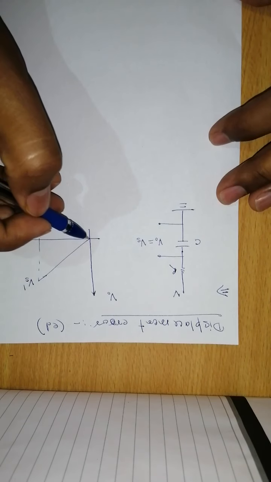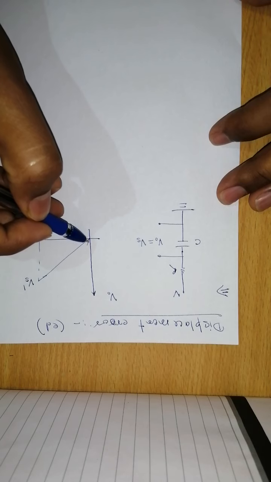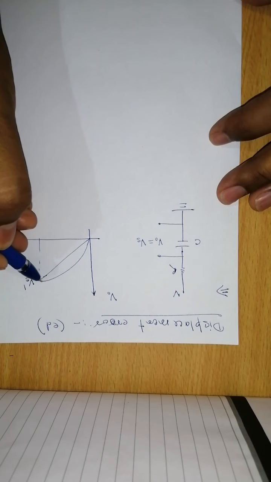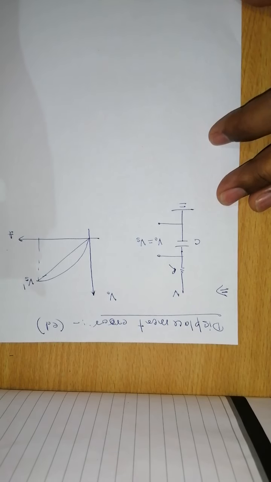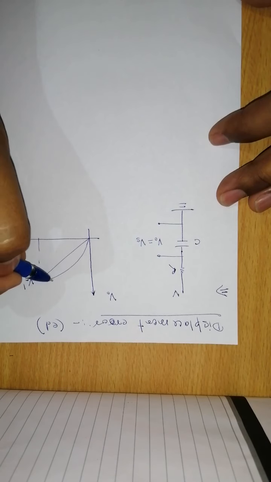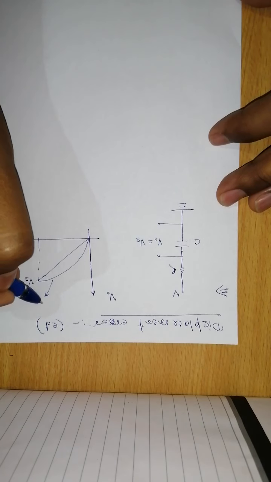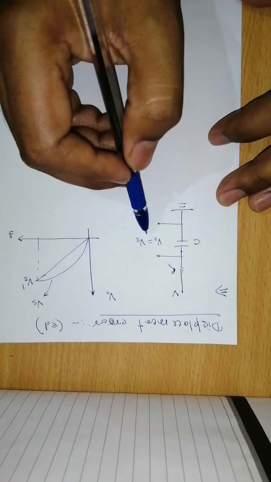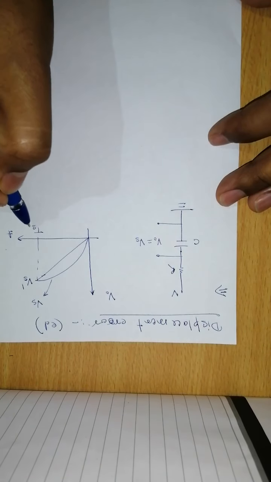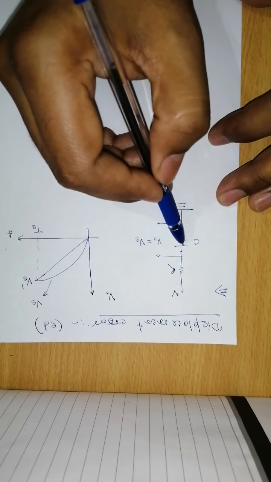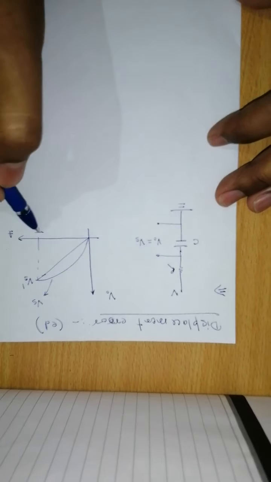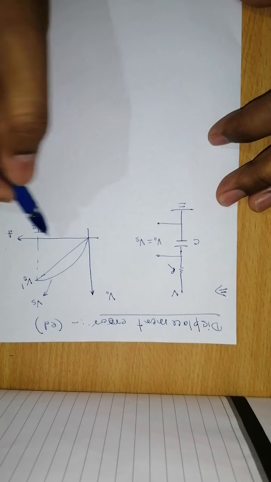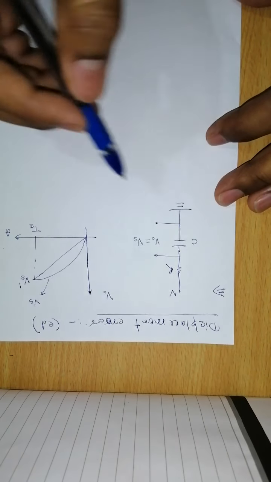And the practical signal that is generated looks somewhat like this, and we represent it by Vs. So this is the output signal Vs, and this is the time period Ts that we are limiting for this capacitor. Up to this limit we are measuring the voltage across this capacitor.